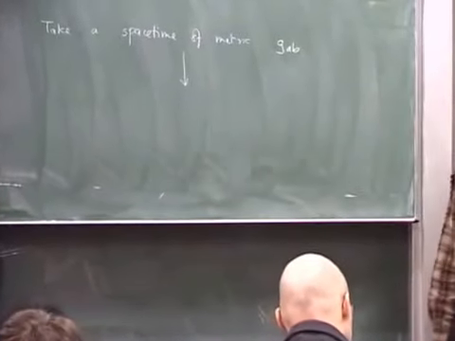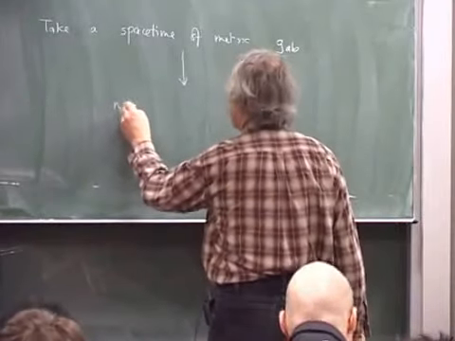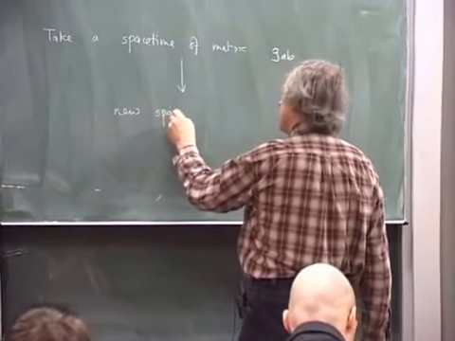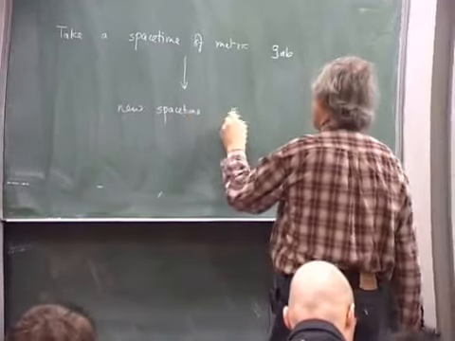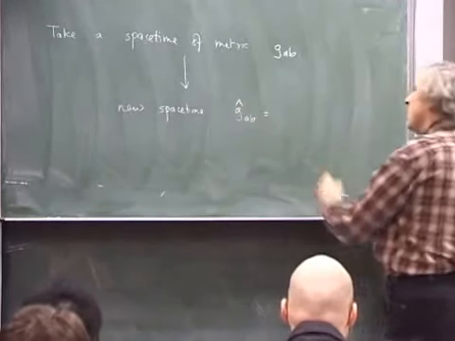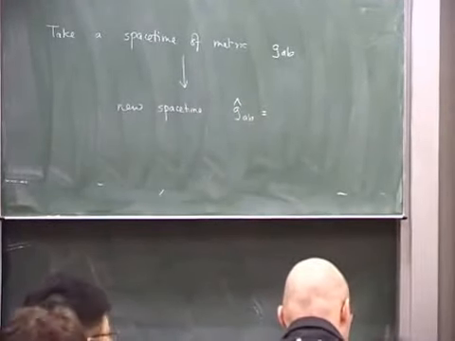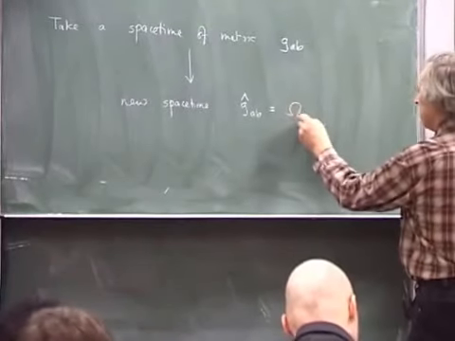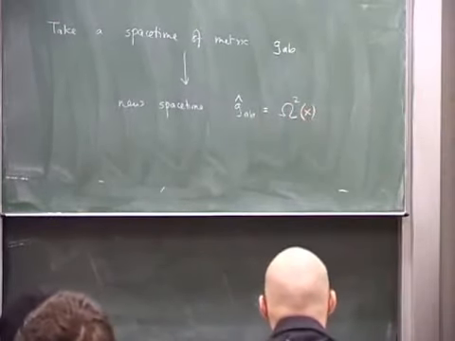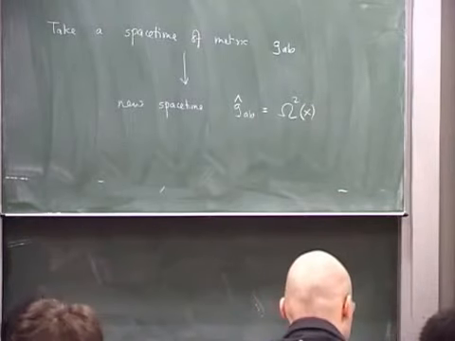g hat, which is equal to some positive function of the coordinates, usually written as omega squared of x, times the old metric.